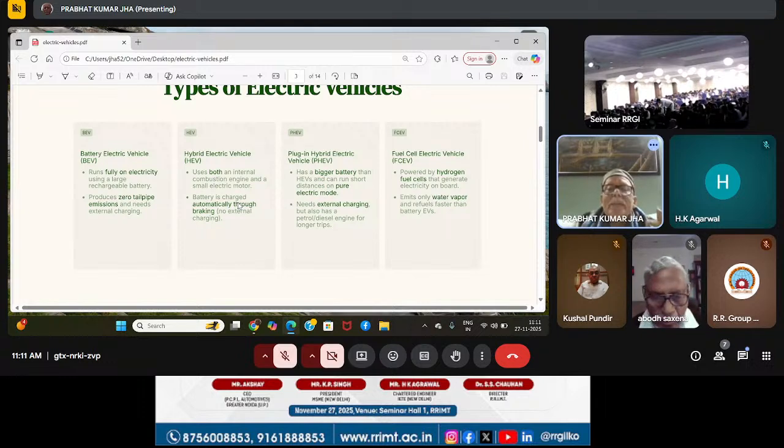Third is PHEV, plug-in hybrid electric vehicles, which have a bigger battery than HEVs and can run short distances in pure electric mode, need external charging, but also have a petrol or diesel engine for longer trips. Now, FCEV, fuel cell electric vehicle, is powered by hydrogen fuel cells that generate electricity on board, emits only water vapor, and refuels faster than battery vehicles.